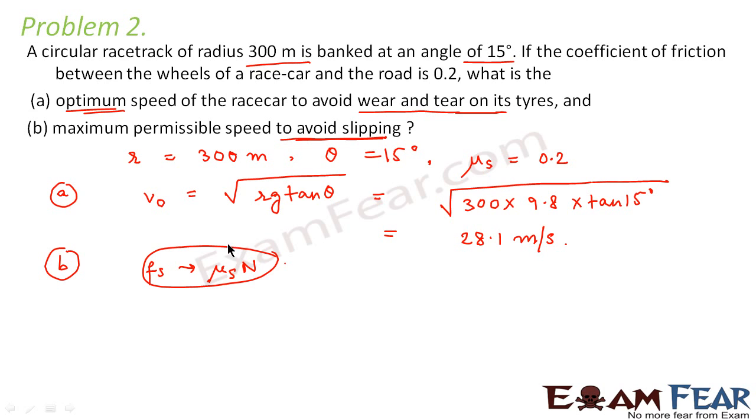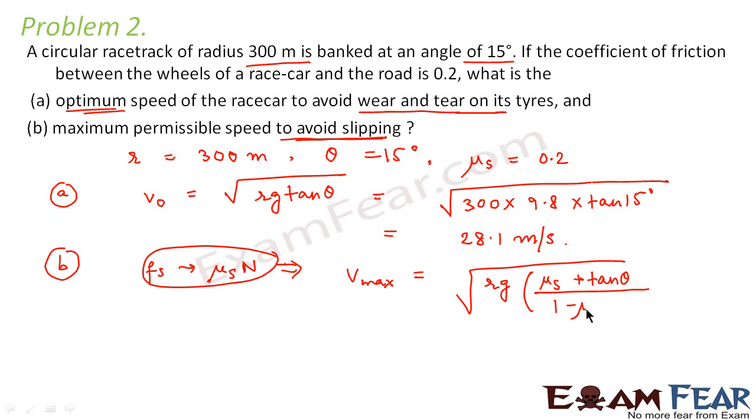So in this condition, what do we get as the value of V? The one which we derived for V max, because we derived V max considering Fs is equal to mu s into N. So V max is equal to, what was the formula which we derived? It was Rg into mu s plus tan theta divided by 1 minus mu s into tan theta.